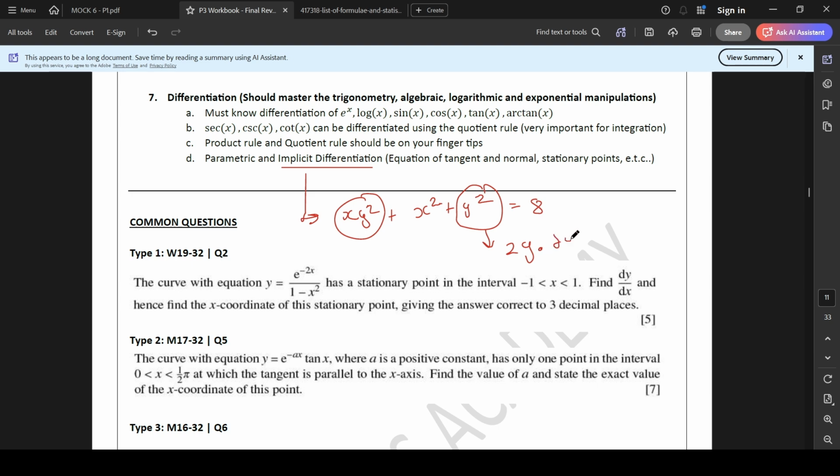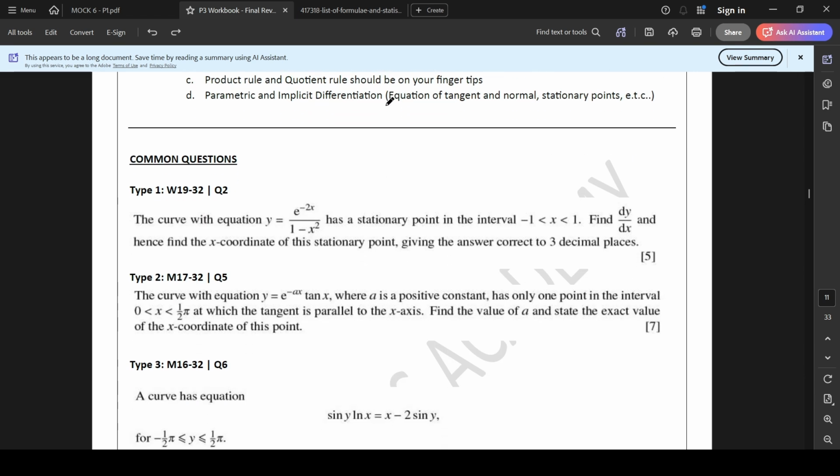You also need to multiply it with dy/dx, because you are differentiating with respect to x, not y. If you are not aware of this, I'll recommend you check the topic of implicit differentiation. But even implicit differentiation is not a big deal. With just 2-3 questions you will master it.